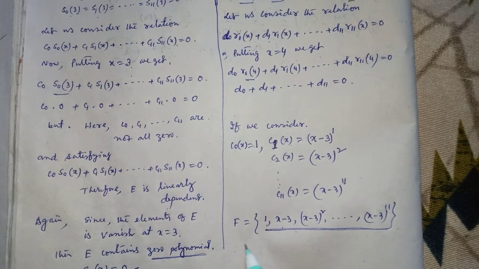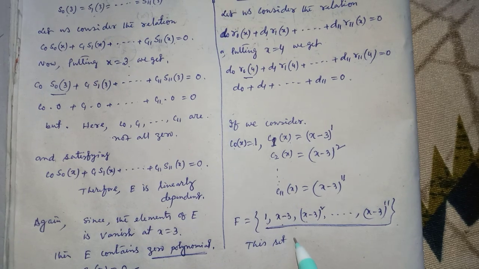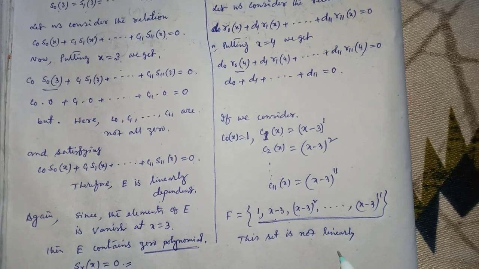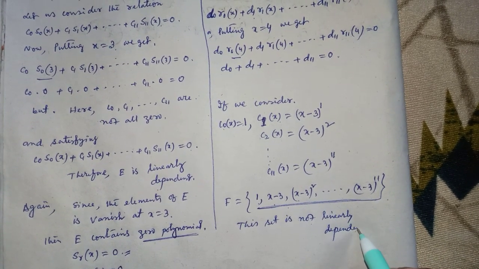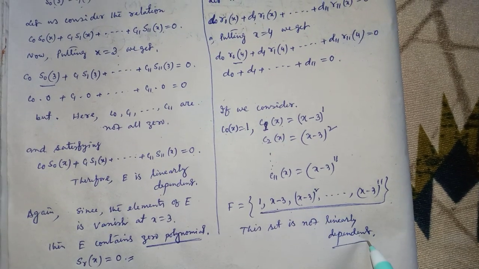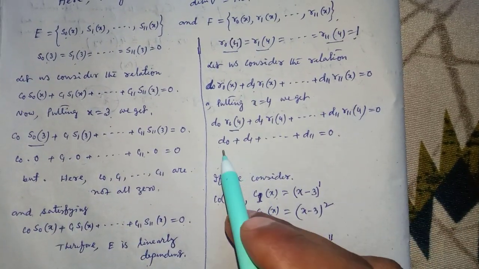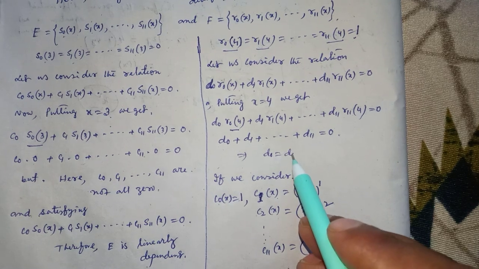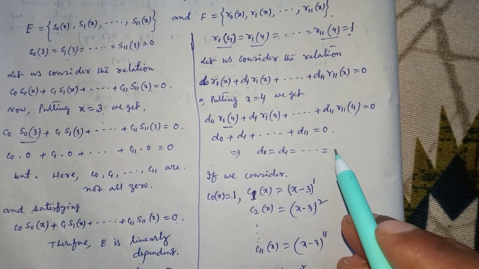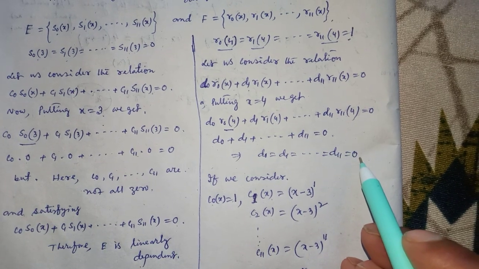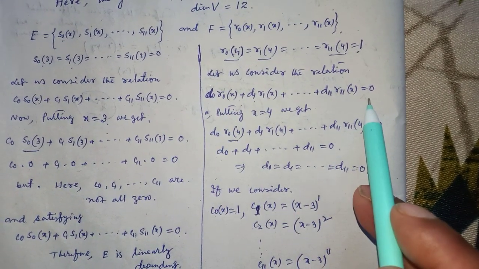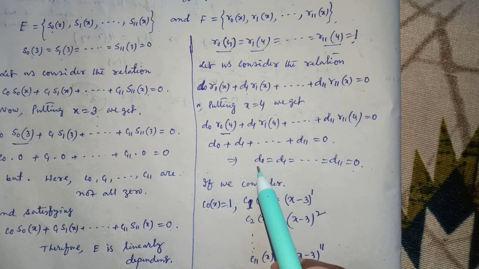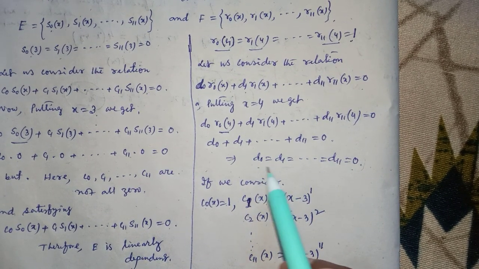Therefore, d0 + d1 + ... + d11 = 0 need not imply d0 = d1 = ... = d11 = 0 in general, but for this set all the scalars are 0.